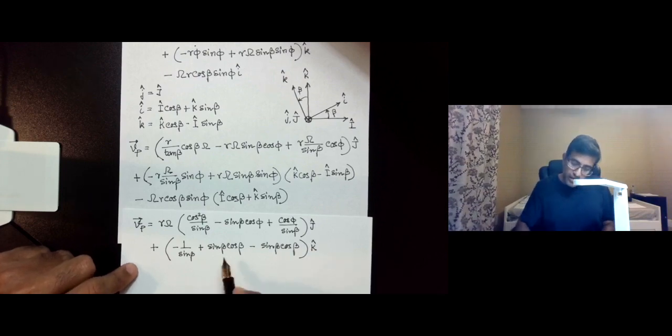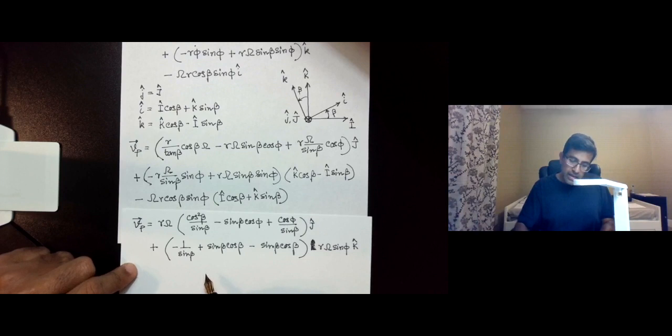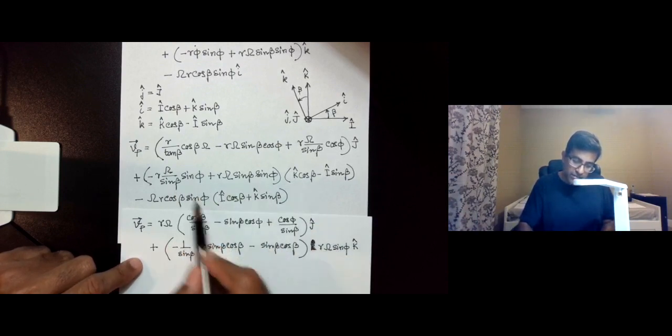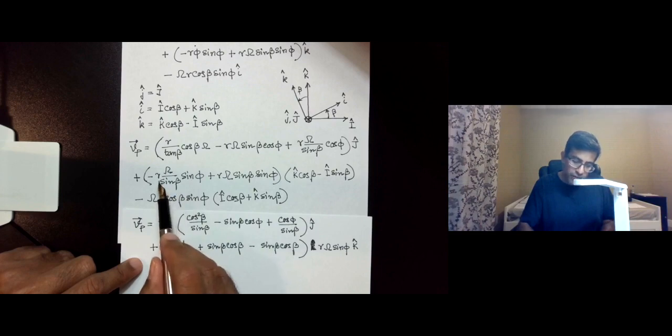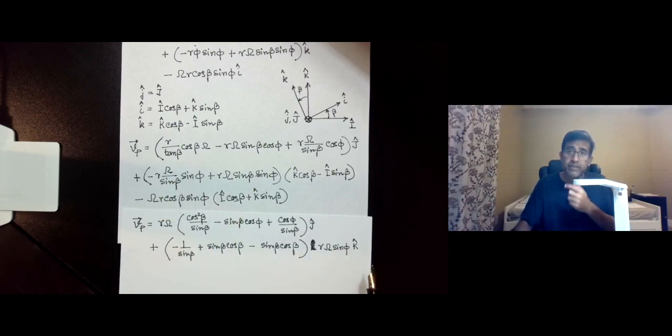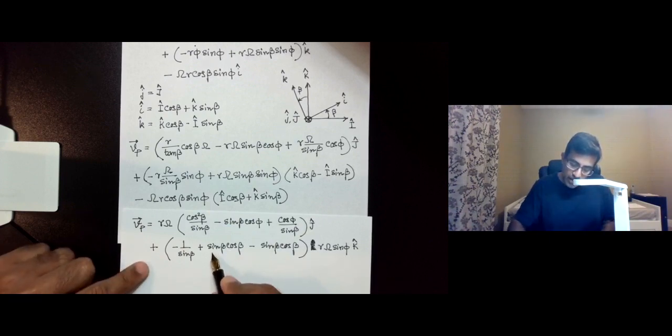Yep, and oh sorry, there is another term here, I forgot to add that. So r omega sine phi, so that's a common term. And so indeed, if you take all these k terms, you will see that there is a common factor of r omega sine phi. So that's why I took this r omega sine phi as a common factor, and then these two cancel.